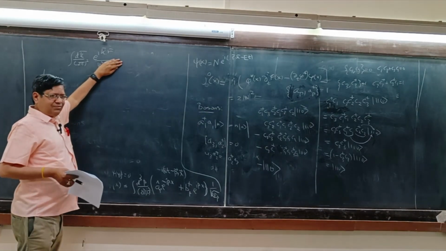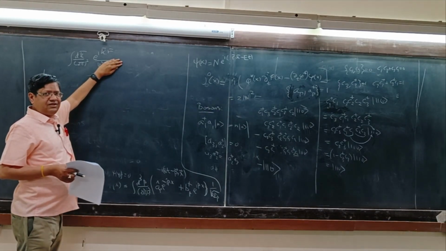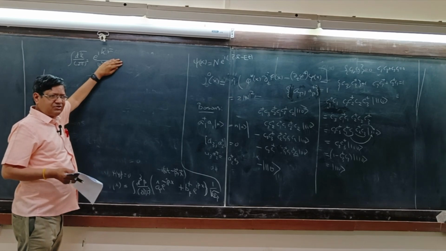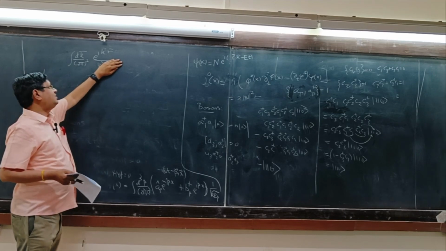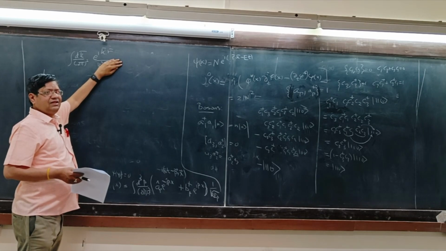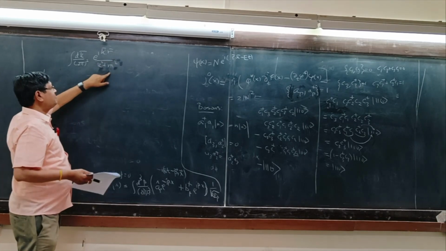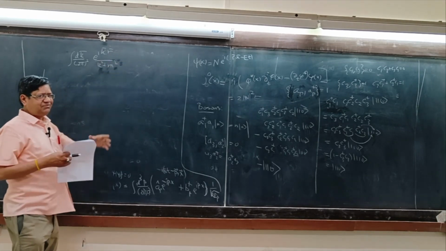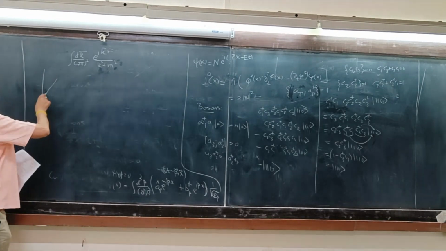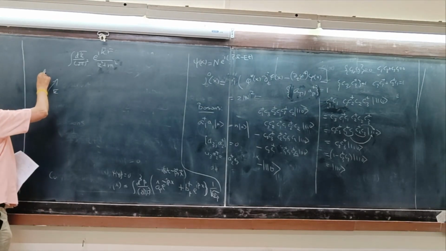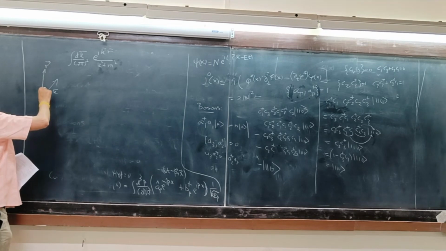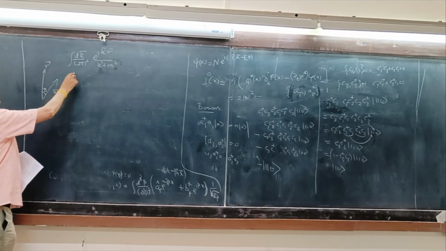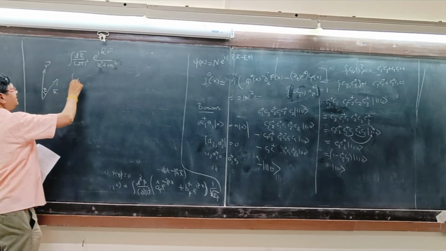In fact, this one we already know, it's a Poisson equation. Without m, m equal to 0, it is the Poisson equation. So what is the answer for 3D? 1 over r. With m squared there is a bit of change. So the idea is to choose this k vector and this r vector along the z direction, and this angle is theta.